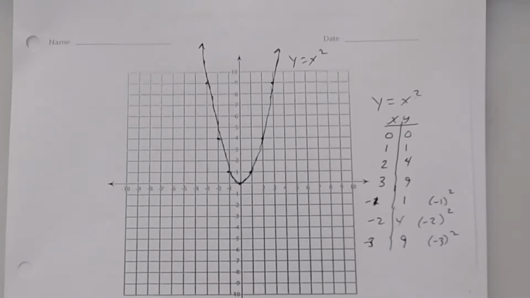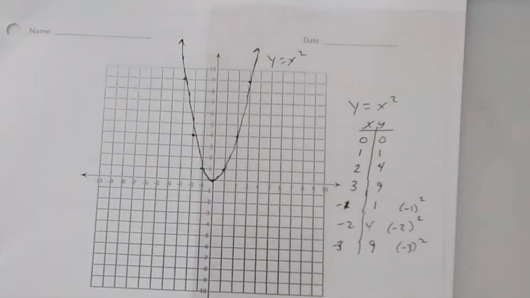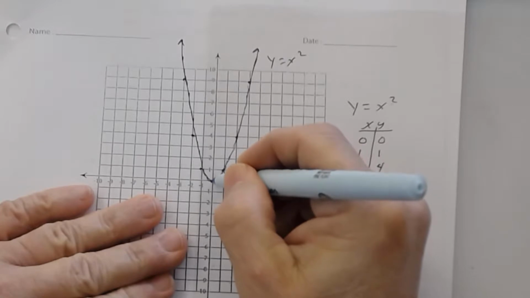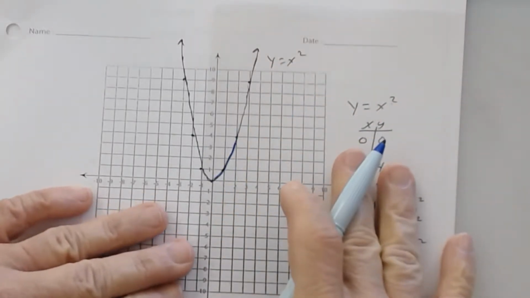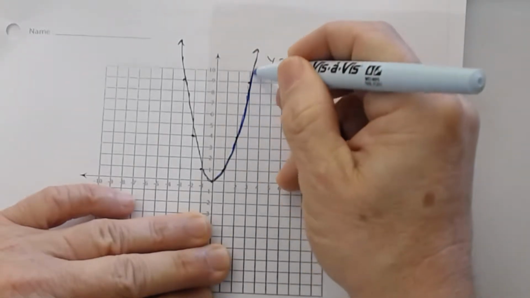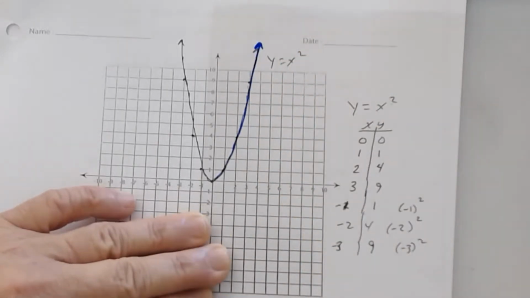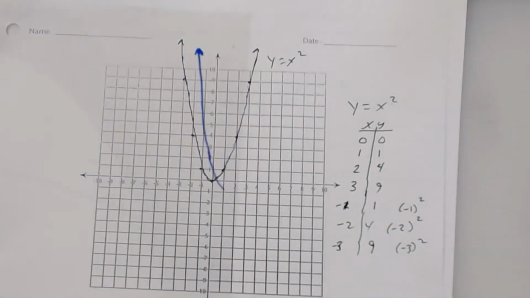So if I take, let's say, this little piece right here, if I kind of trace over that part here, and I reflect it about the y-axis, don't I get this part back?